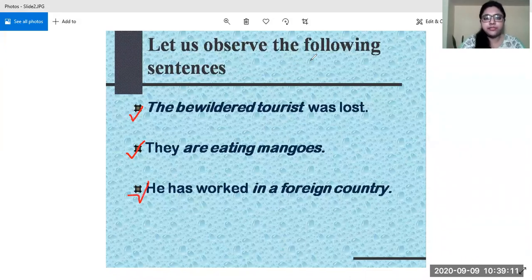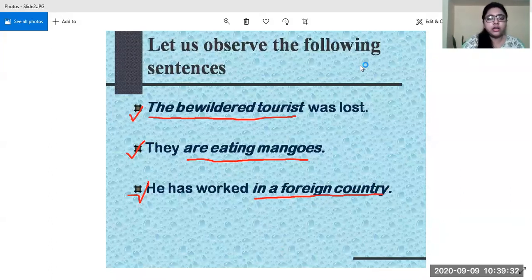But if we look only at the part which is written in italics, the bewildered tourist, or are eating mangoes in the second sentence, and in a foreign country in the third sentence, then we see that they do not make a complete sense when they are seen separately or individually.